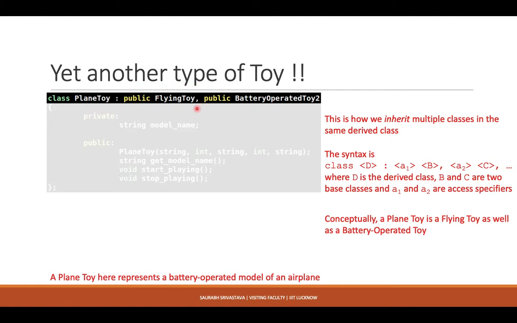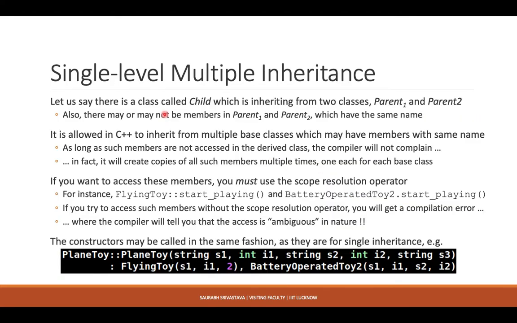One set of properties from the flying toy class and another set from the battery operated toy 2 class. And the syntax is, as you can see, very similar to single inheritance. Instead of just having one class here, you can put a comma and put as many classes as you want. You can see that it is public flying toy and public battery operated toy 2. The meaning of public is exactly the same as it was in the case of single inheritance.